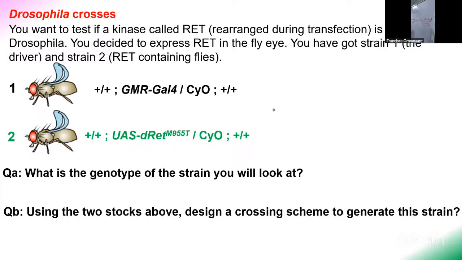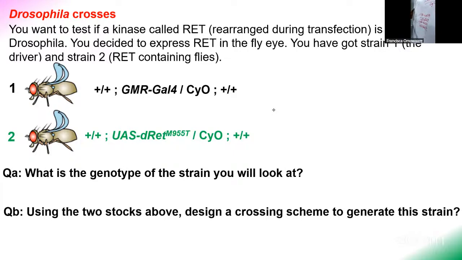The offspring are going to be: one, plus over plus, GMR over UAS red females, and then males of that as well.